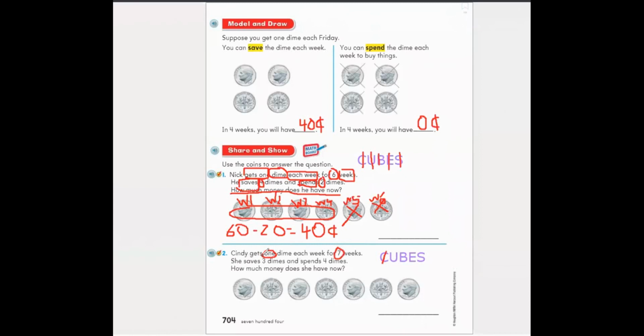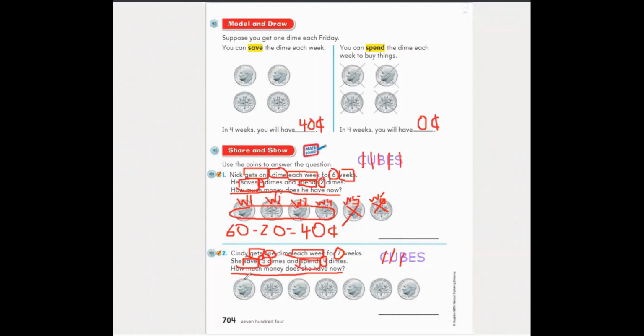She saves 3 dimes and spends 4 dimes. Underline the question. How much money does she have now? Box the keywords. Gets 1 dime each week for 7 weeks. She saved 3 dimes and spent 4.